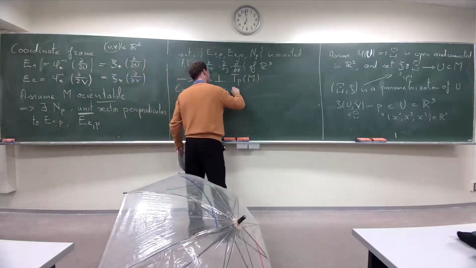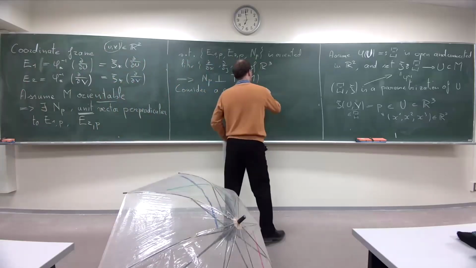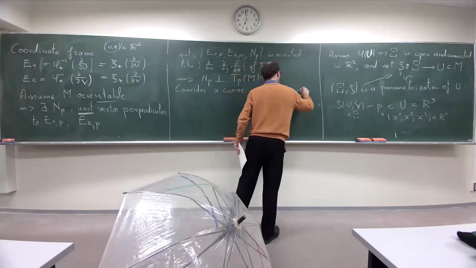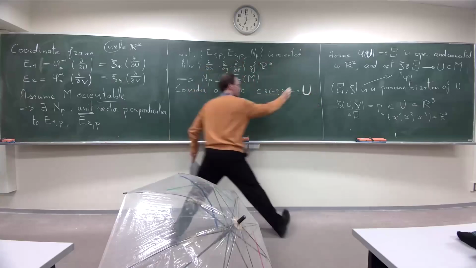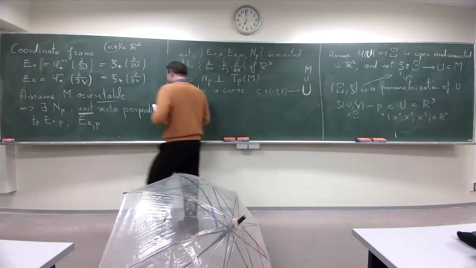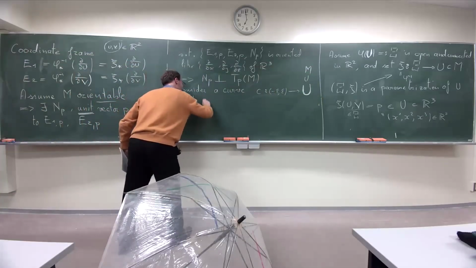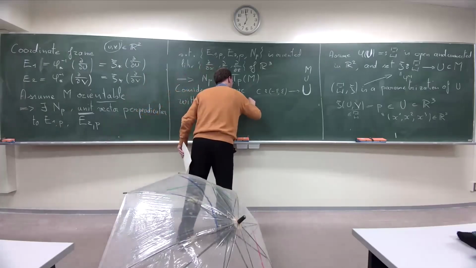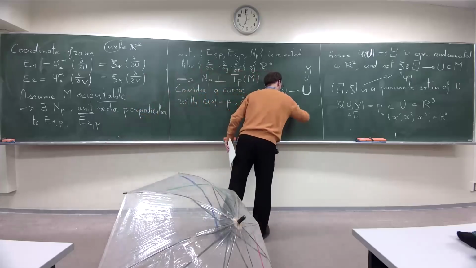Consider C from a small interval to U. Be careful, this is a capital U, so it's a subset inside the manifold. Of course, C at 0 is the point P, and I choose a derivative at 0 equal to Xp, which is in the tangent plane.